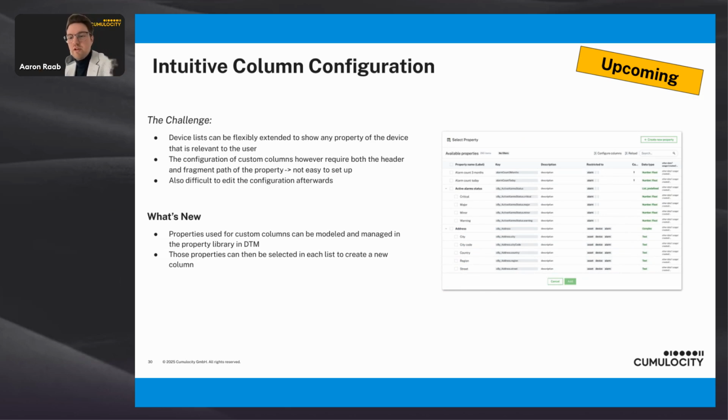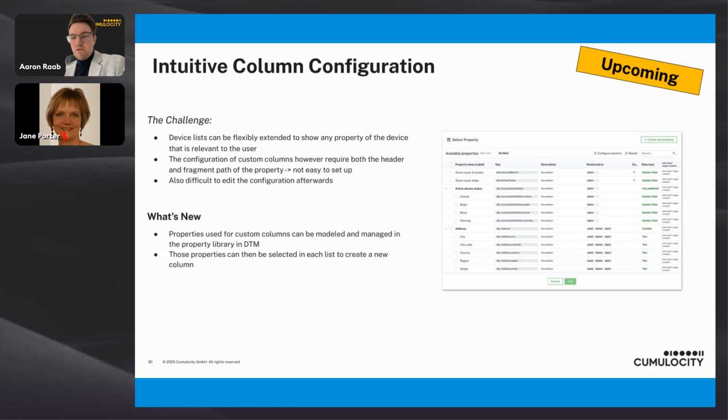And last but not least, we have a new approach to column configuration. I already mentioned the device lists, which are quite prominent in device management. You have the default columns, and something you could already leverage was the ability to create custom columns, but there you need to define the header and the fragment path, which is not so straightforward to configure.